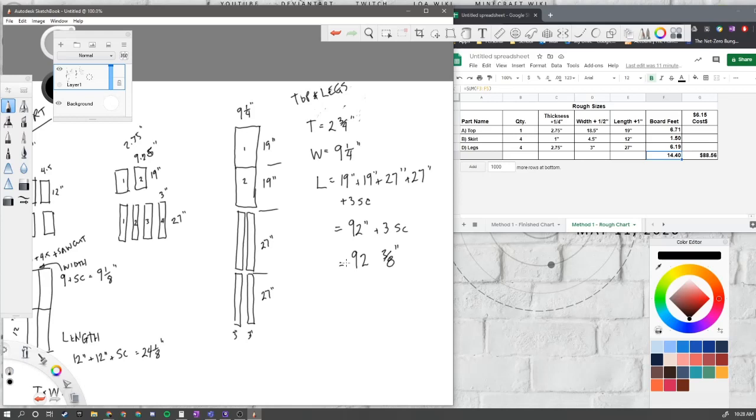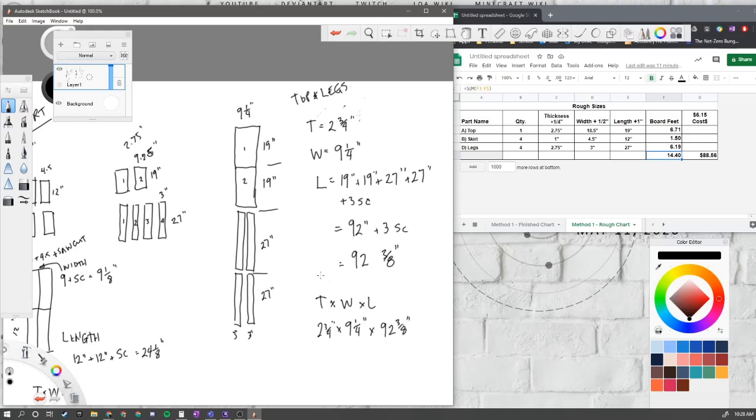Okay, so if we go thickness, width, and length, 2 3/4 inches by 9 1/4 inches by 92 3/8 inches.